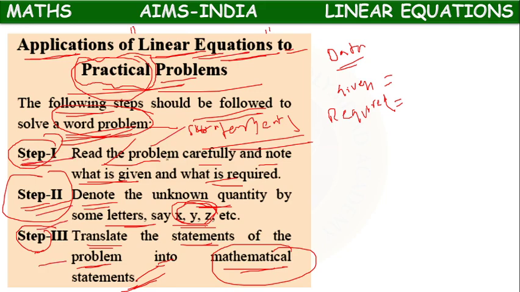First, we have to read the problem carefully and note down what is given and what is required. What is required means it is the unknown quantity. We have to find that unknown quantity, and take it as x, y, z. Next, we have to translate the given normal statement into a mathematical statement.